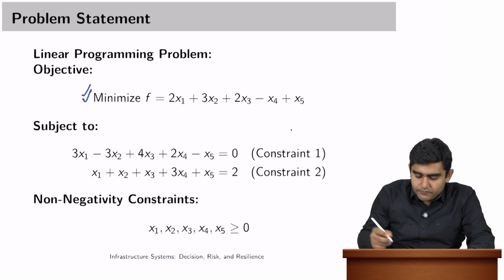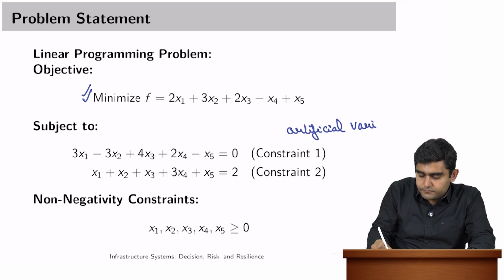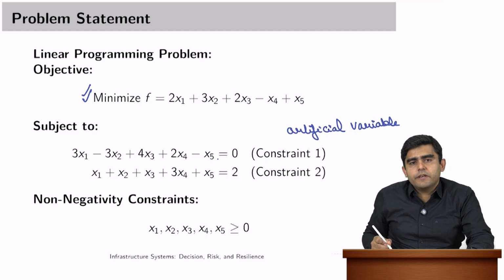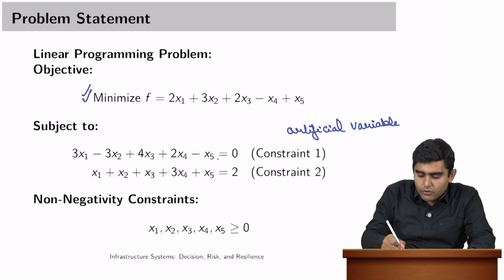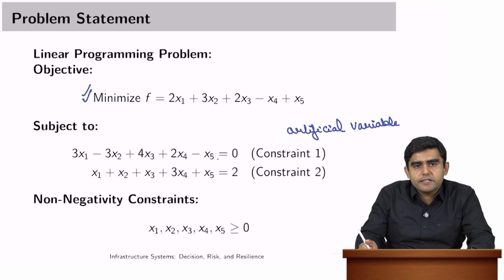So that is why we would introduce something called an artificial variable. Now the problem with artificial variables is that they would not help us in any capacity in constraint 1 and constraint 2, because in a real system they do not exist.